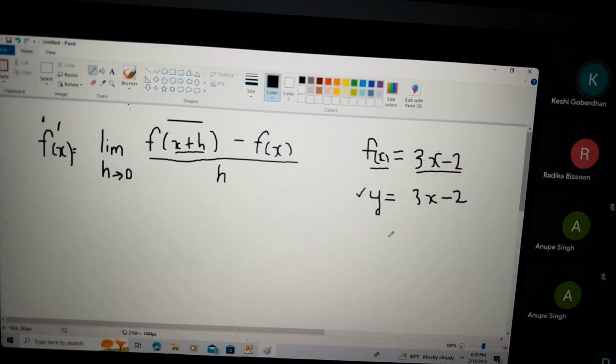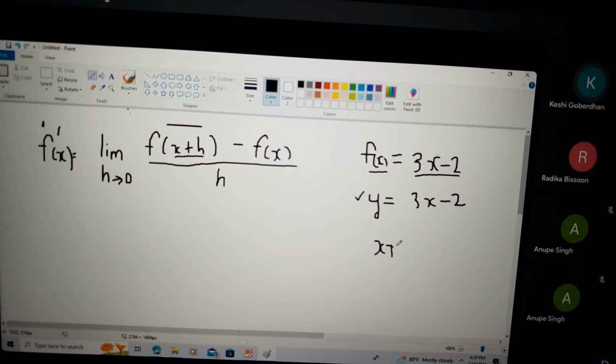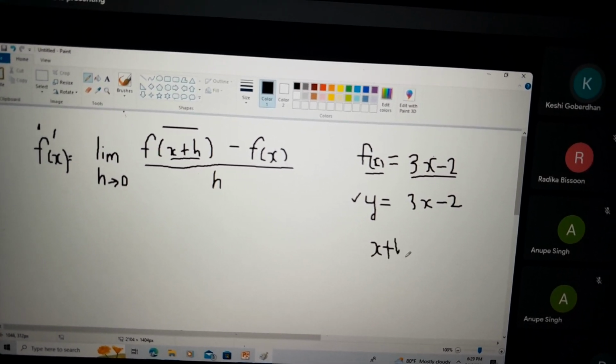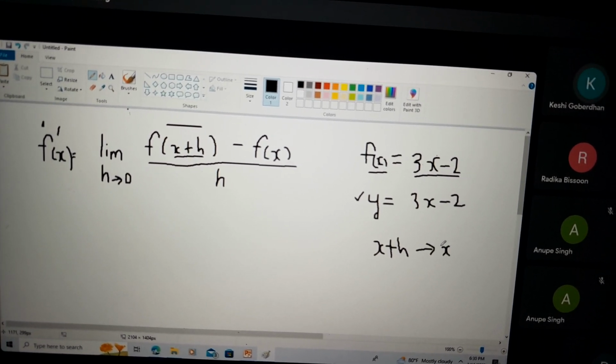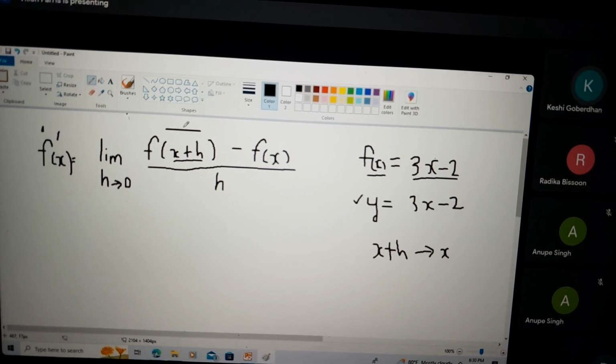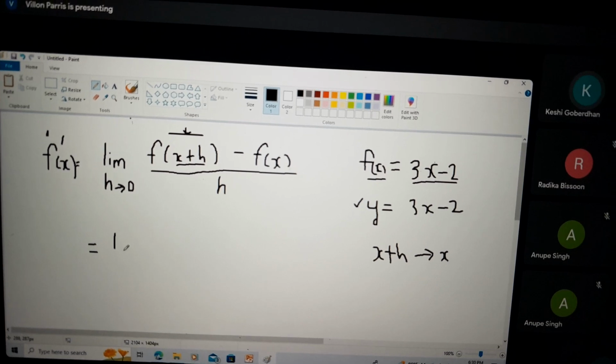So basically what you're doing, you're putting x plus h for x. That's basically what you're doing in this one here. So let's substitute and see what we'll get.